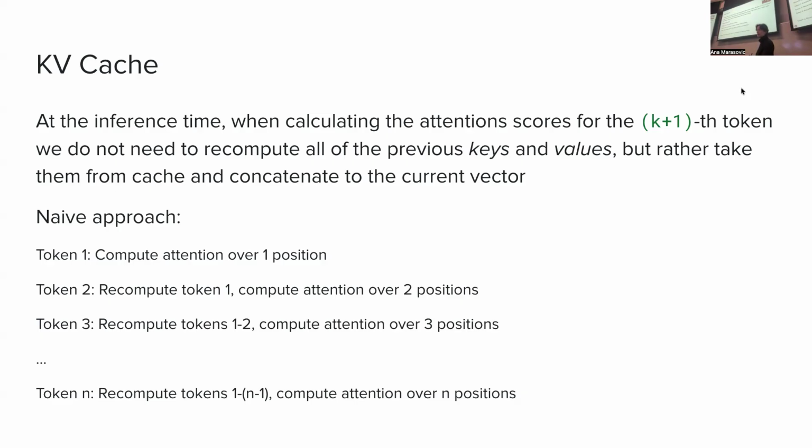Do we see that? Don't forget that we have matrices WQ, W key, and W value, of size D_M by D_H, H for head.